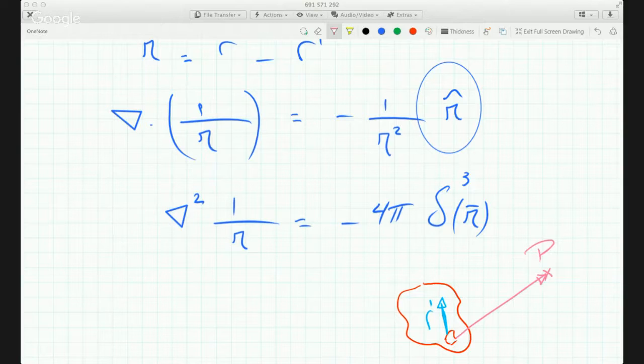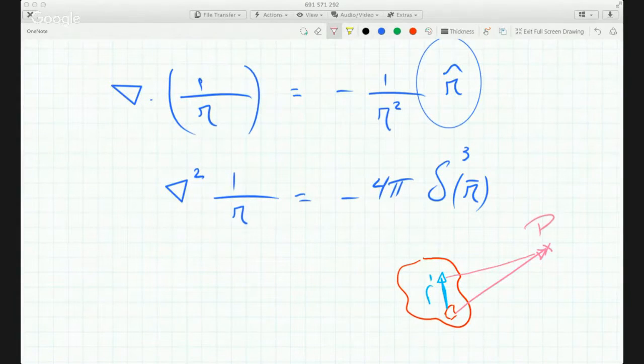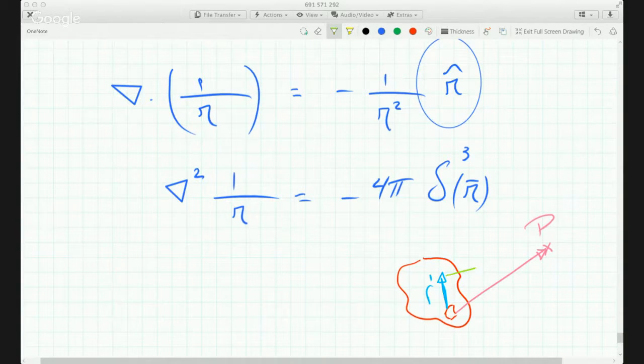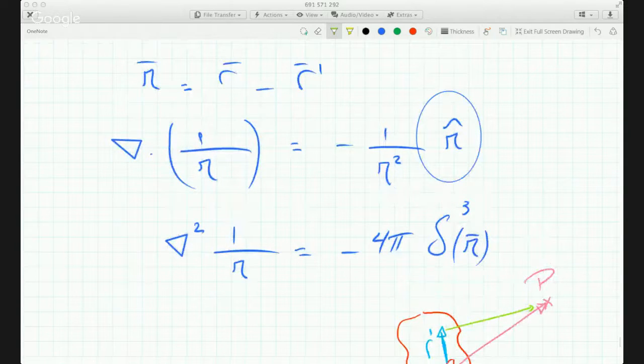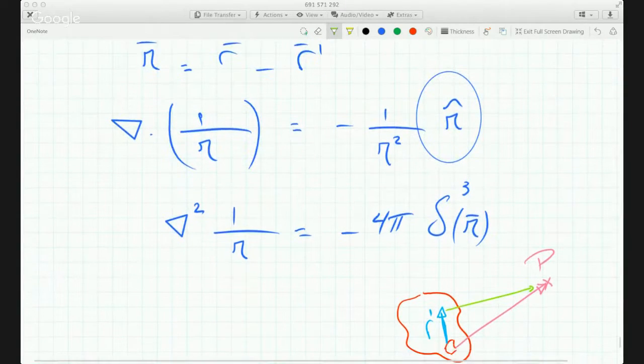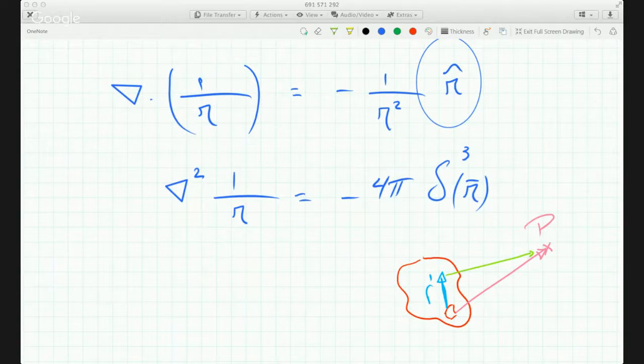So from here to there is our R, and this is the separation vector from any point here to where we're calculating the field, for example.